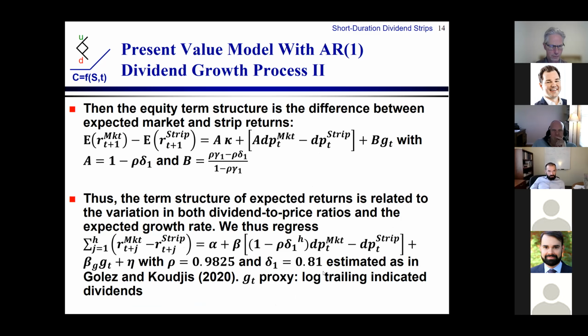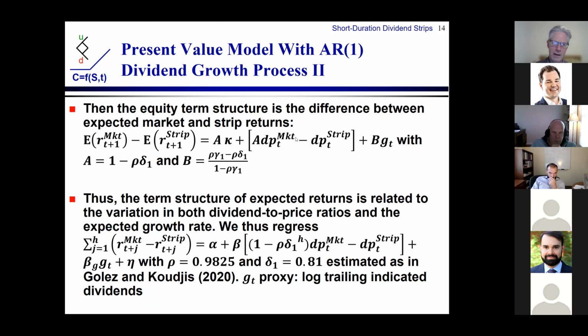Put everything together and sort so that we can look at the expected term structure. That is the expected return on the market minus the expected return on the strip. That's the term structure we are after. It has a constant part, fine.